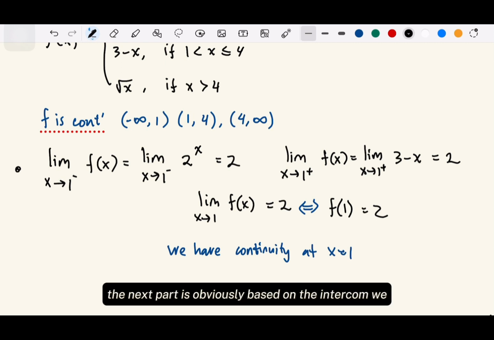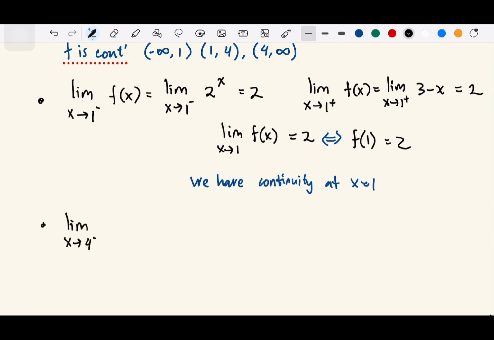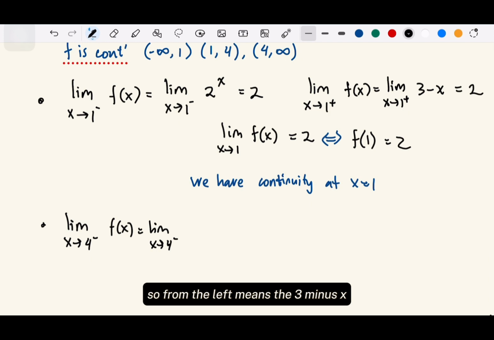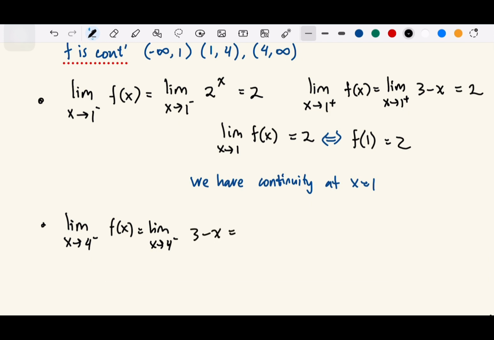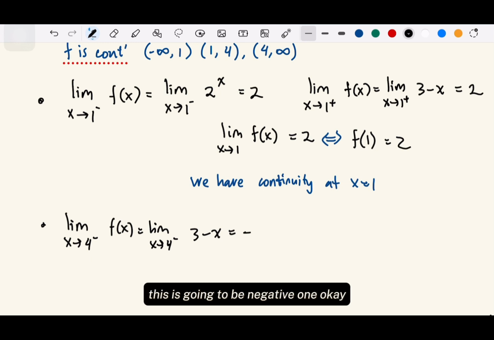Okay. The next part is obviously based on the interval, we see 1 and 4. So let's try number 4. Let's take the limit as x approaching 4. Let's start from the left. So from the left means 3 minus x. We are going to evaluate by direct substitution. This is going to be -1.